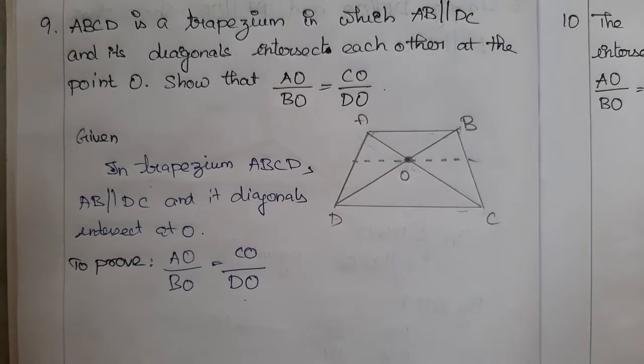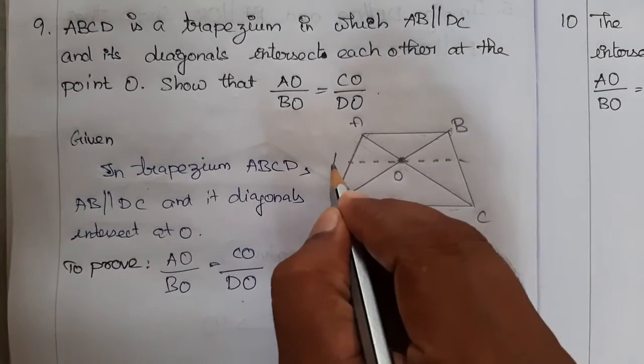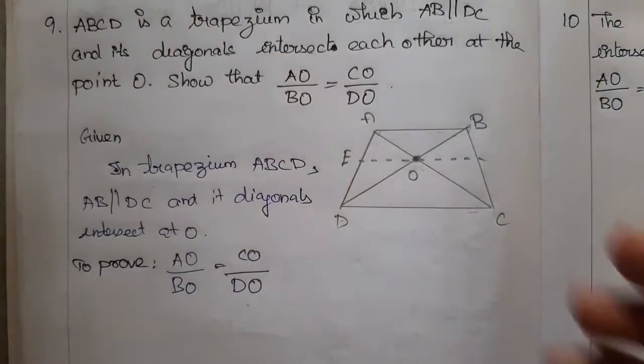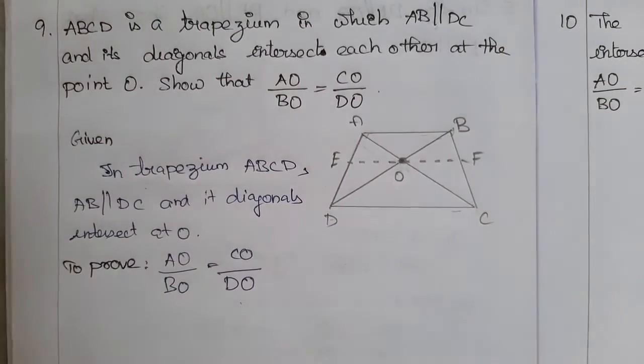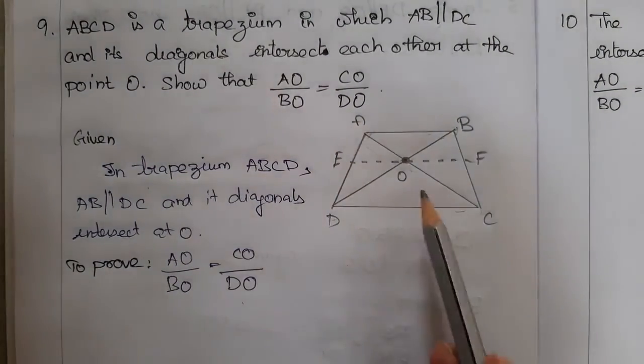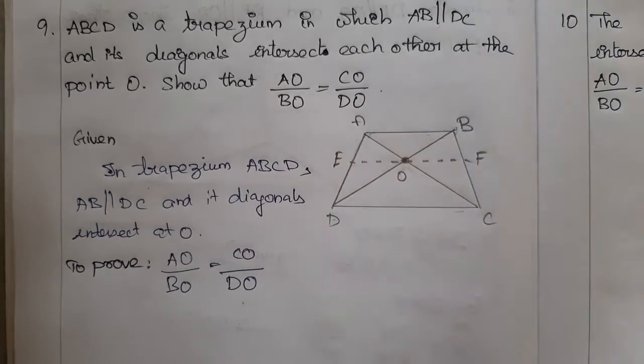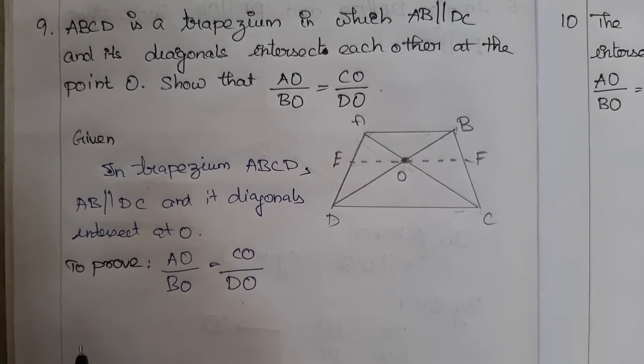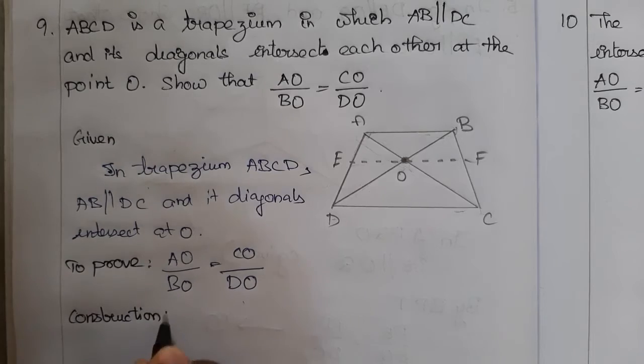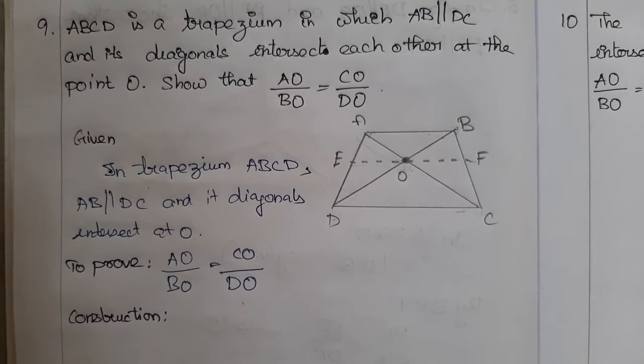So now we have drawn one parallel line. Let me name the point on this side as E, and this side as F, with the line passing through O. So now we can choose any of the triangles having this parallel line. This is constructed, right? We have to write it as construction.